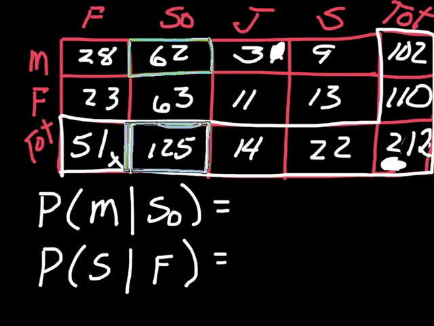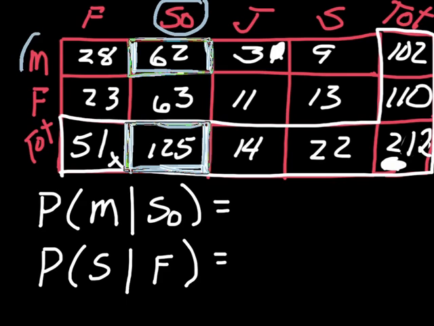So the area I am looking at are these 2 windows, males given that they are sophomores. I know this is correct because these are male sophomores, and I know that this is correct because this is the given that it's a sophomore. So what's that probability? It's 62 out of 125.